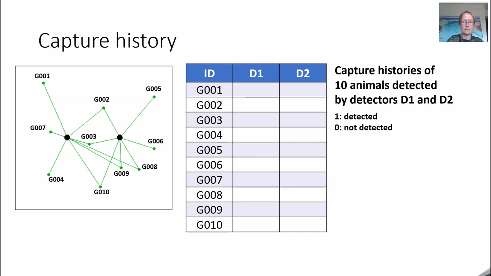If an animal was detected by a detector, we put a 1 in the table in the corresponding location. If it was not detected by a detector, we put a 0. And this is what it looks like filled in. For example, G1 was detected by detector 1 and not by detector 2. G2 was detected by detector 1 and 2, and G3 was also detected by both, and so on.